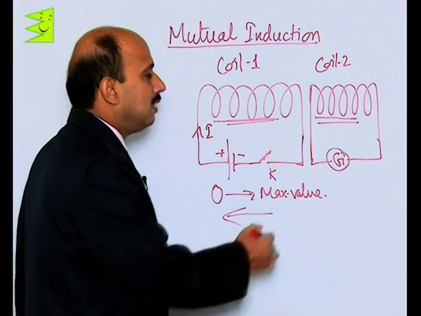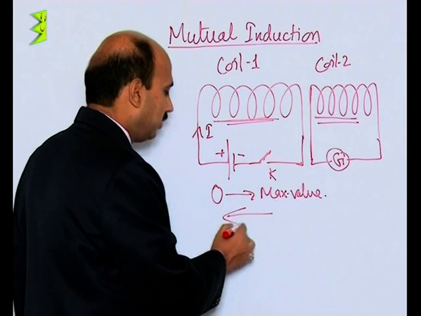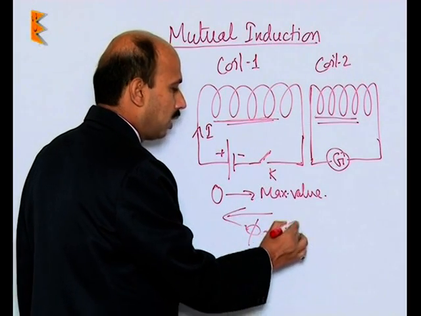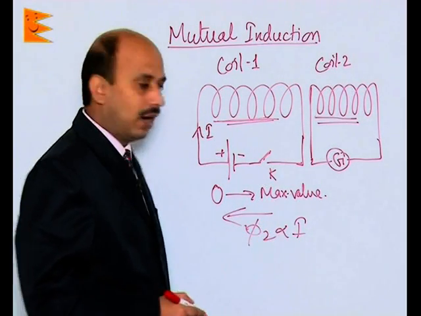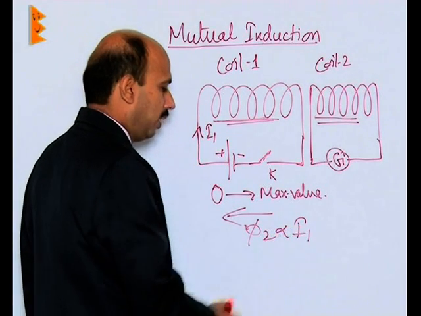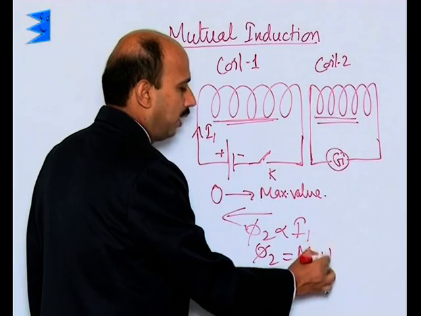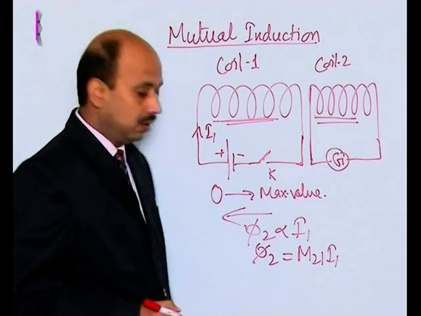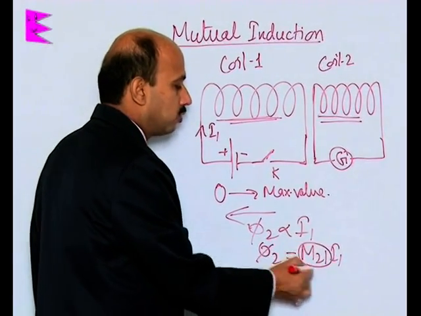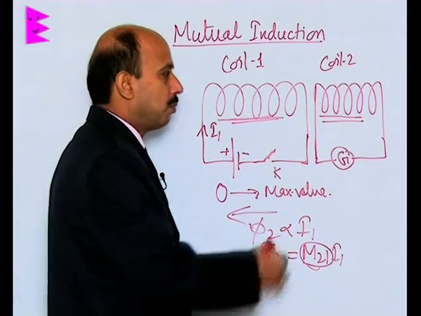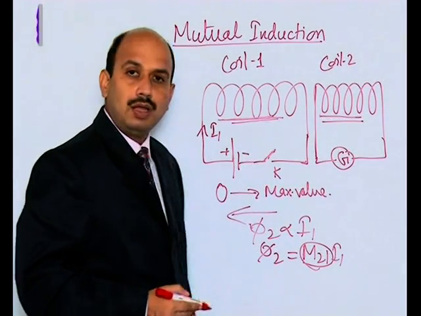Now, the magnetic flux linked with coil 2 is directly proportional to the current flowing in coil 1, which we can take as I1, and we can write phi 2 is equal to M21 I1. Here M21 is known as the mutual inductance of coil 2 with respect to coil 1.